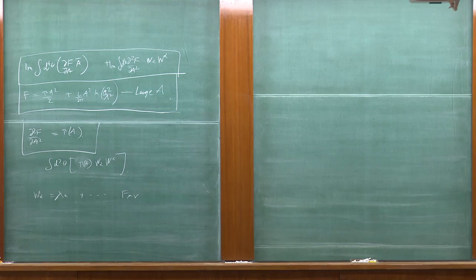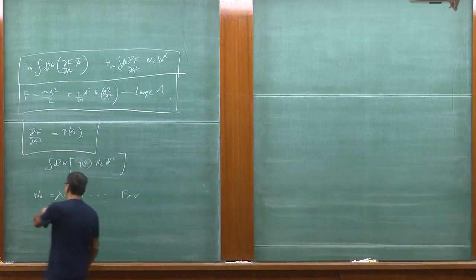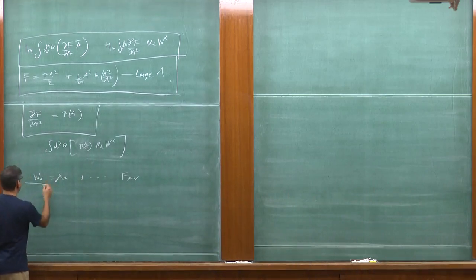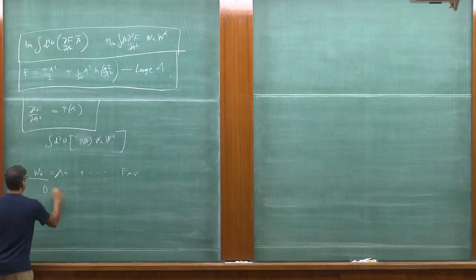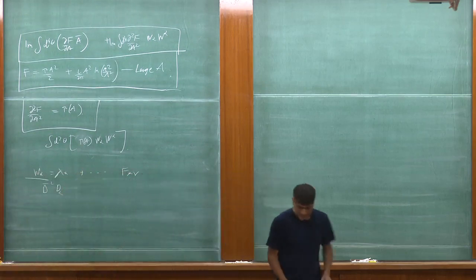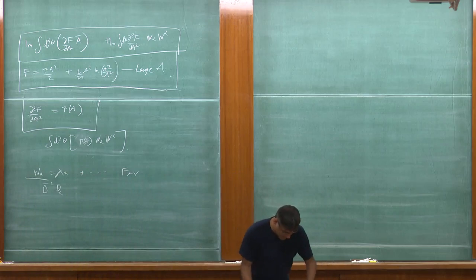Okay, so now let's remember what constraints this W had. Firstly, of course, W was a chiral superfield, right? W was a chiral superfield because it had 2 D bars and 1 D. It was roughly this on something, right? So it was a chiral superfield.